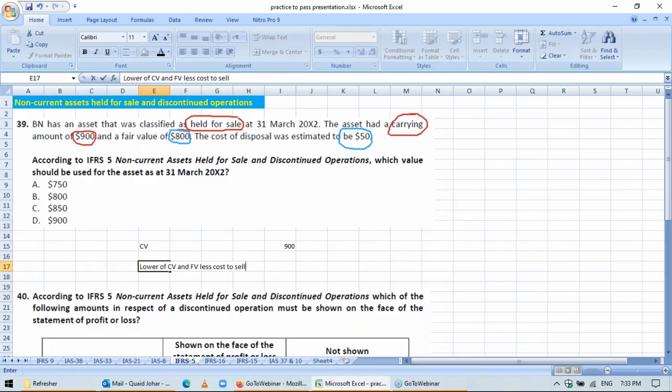So the fair value less cost to sell is lower in this case. 800 minus 50 makes 750.